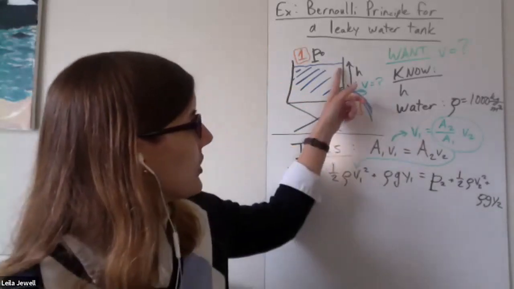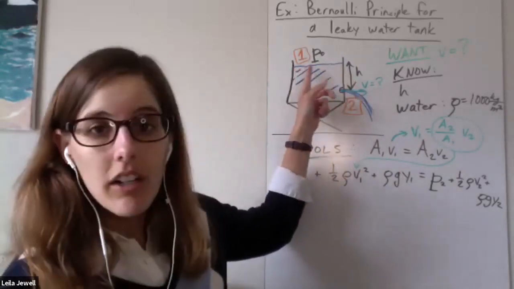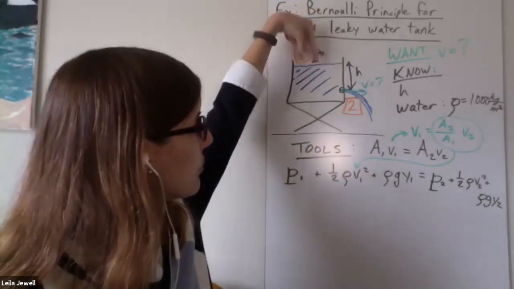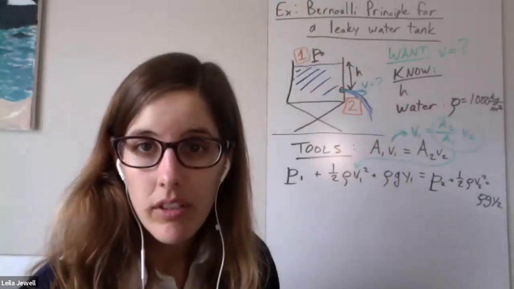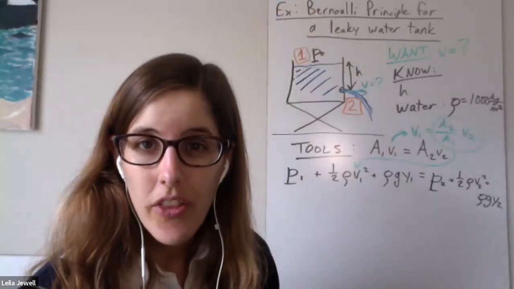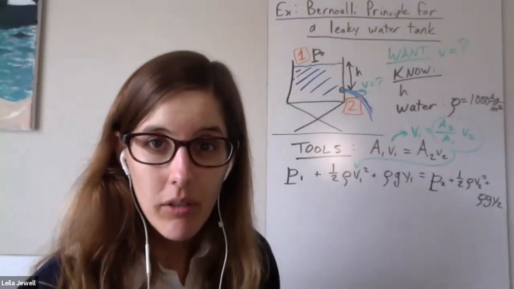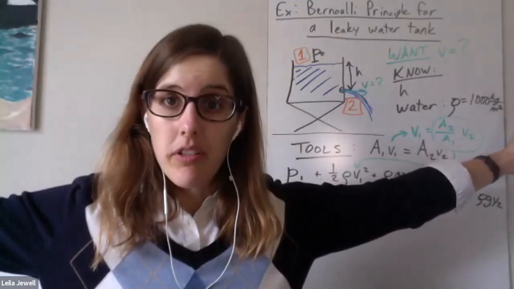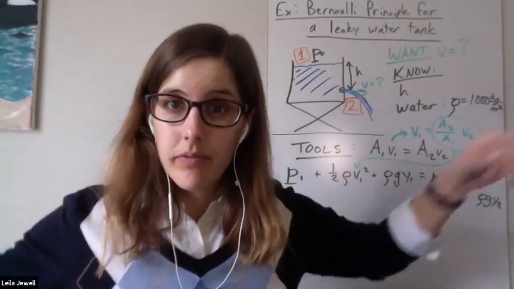What's the cross-sectional area of the top of the tank, where the velocity is moving down? That area is a lot bigger, right? We could imagine the tank is maybe 2 meters across, a 1 meter radius.